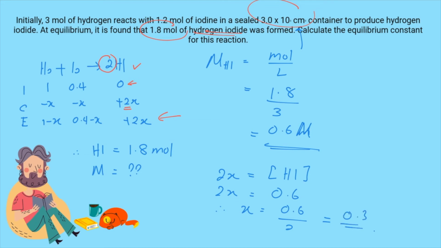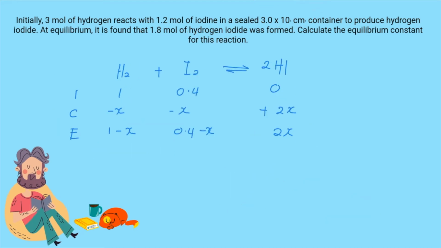So from there, you can use this 0.3 to plug in all of the x's that you have at equilibrium. So since you know that the value of x is 0.3, we just need to plug in 0.3 in all the x's.